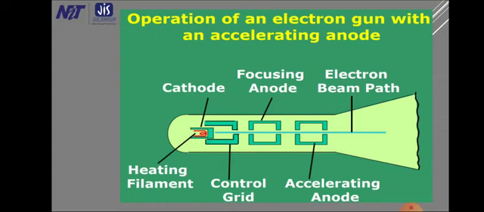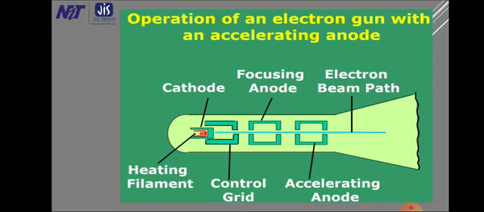After the element is heated, the electrons simply boil off from the cathode, and they are guided by a set of devices which are all essentially cylindrical in nature, and which help to guide this electron beam.